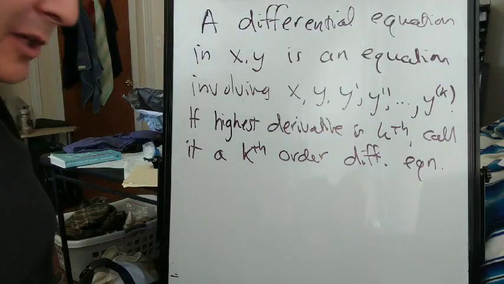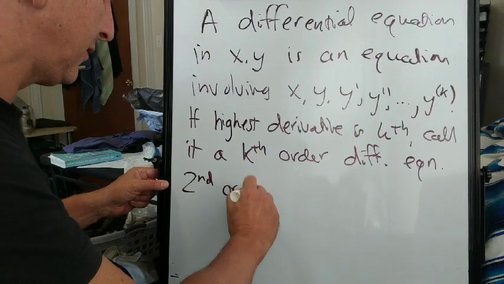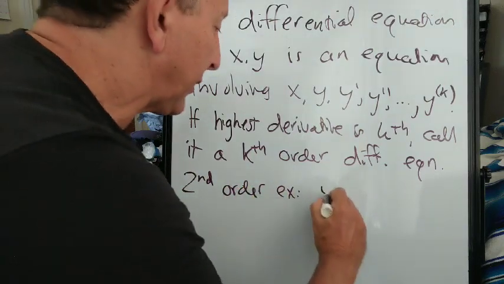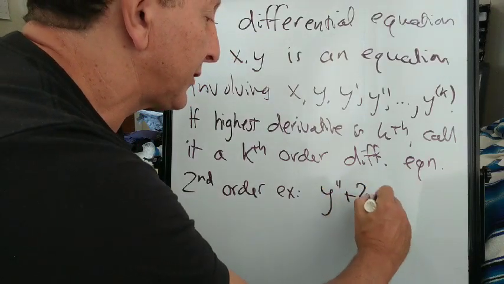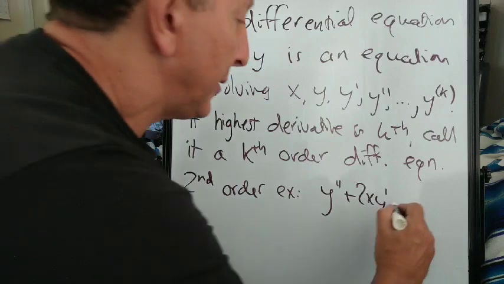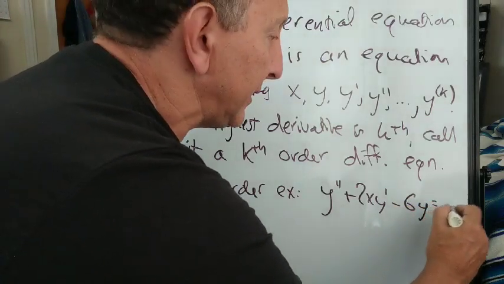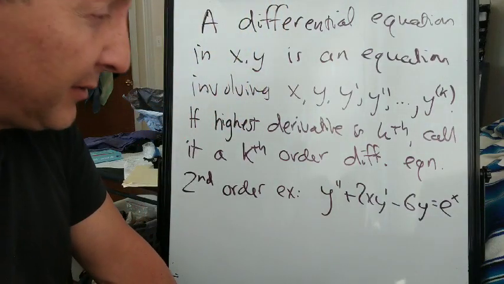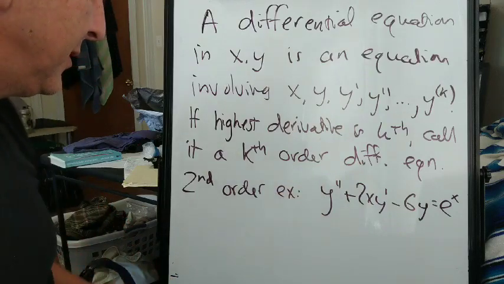So let me put up an example. So a second order example might be something like y double prime plus 2xy prime minus 6y equals e to the x. So we can see in this equation we have x's, we have y prime, we have y double prime.